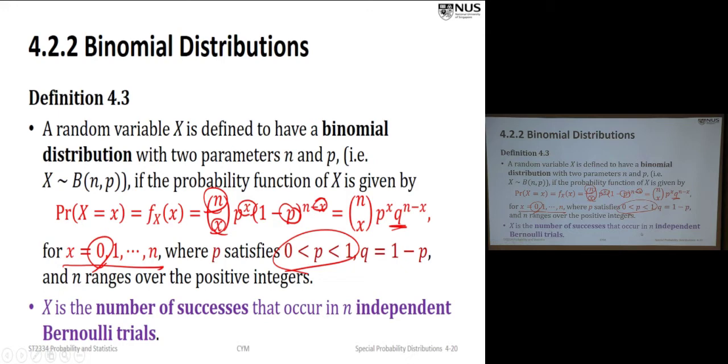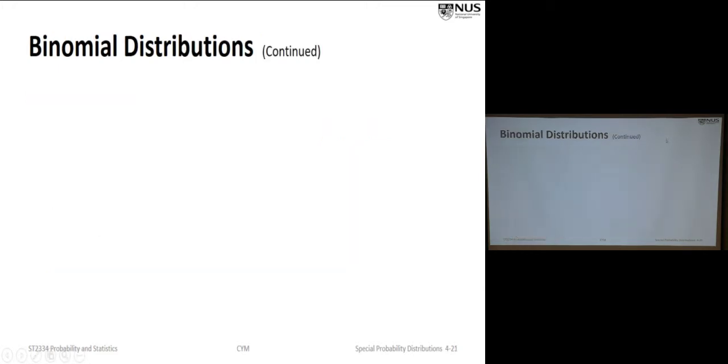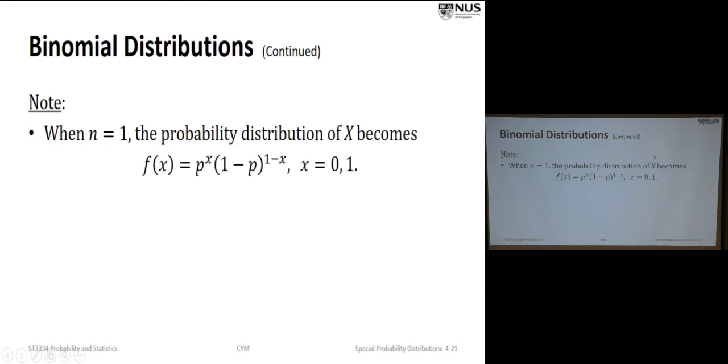Remember, X is the number of successes in n independent Bernoulli trials. Bernoulli means that there are only two outcomes, success and failure. In particular, if we don't consider n Bernoulli trials, just 1, then this reduces back to the Bernoulli distribution.